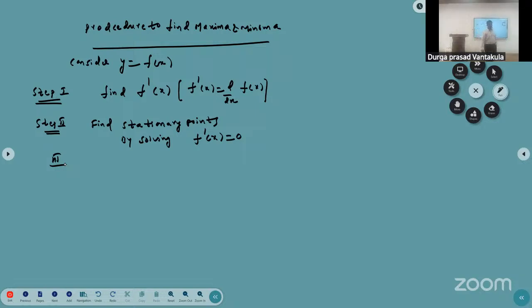Boys, what is the first step? Step 1, f dash of x, the differentiation of f of x. What is step 2? Finding the stationary points.